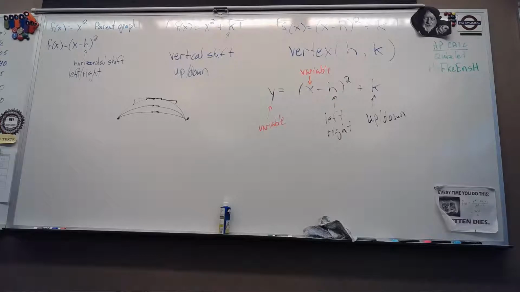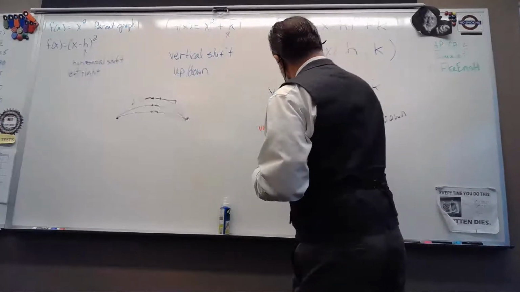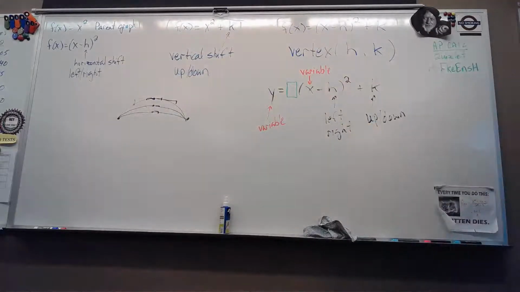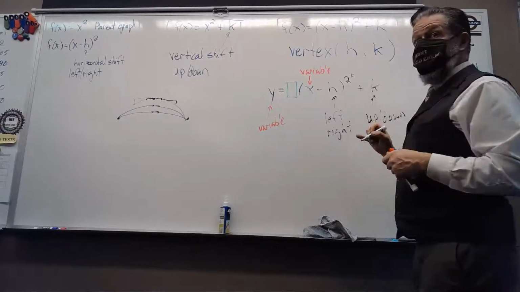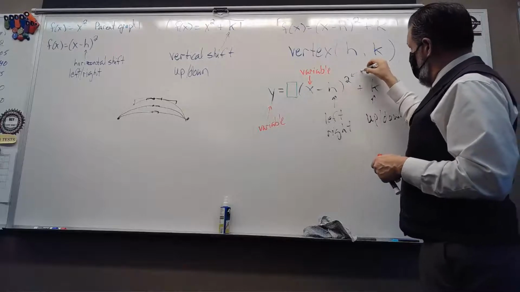Jared. I'd say in front of the parentheses. Is there anywhere else that we could put another number? Oh, by the way, here's one other thing. We can't change that either. Because if we change this, it's not a parabola.